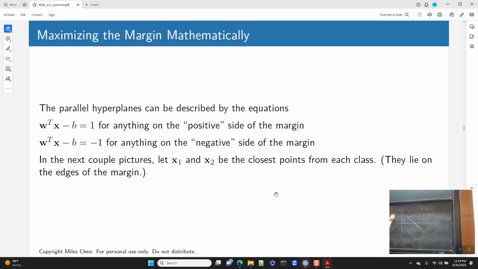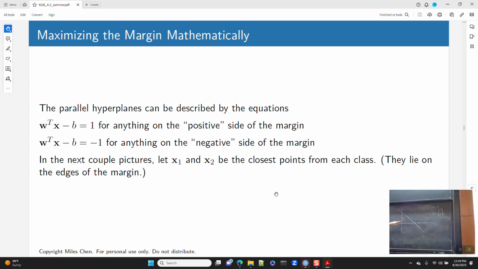Let me erase all of this. So this boundary is the set of points that satisfy the equation w transpose x minus 4 equals 0, where in our case w is 1, 1.